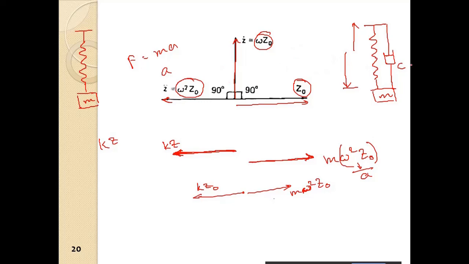As the velocity increases, the force against the velocity will also increase. So that is what the dashpot does. It reduces the velocity. So here, the force from the damping will be in the opposite direction to the velocity vector, and it will be c omega z naught.